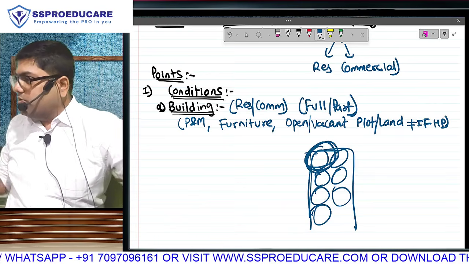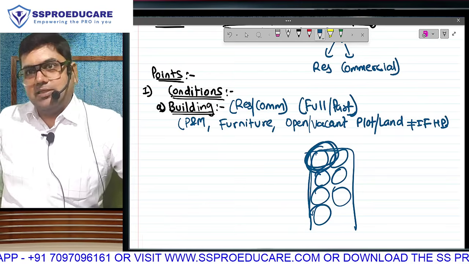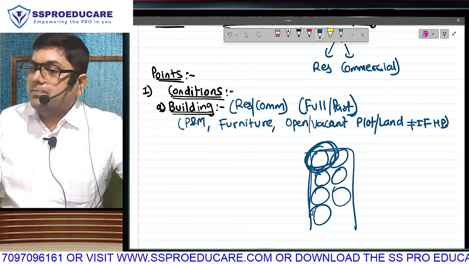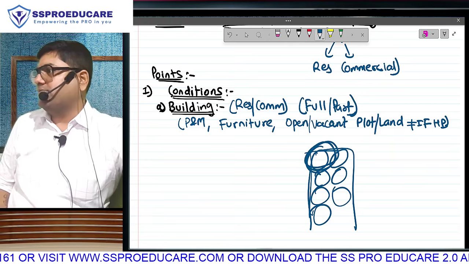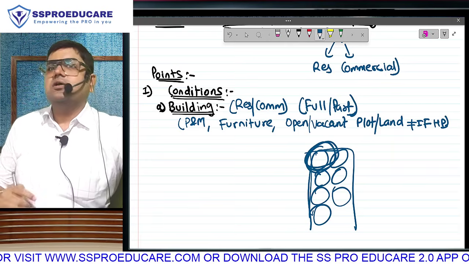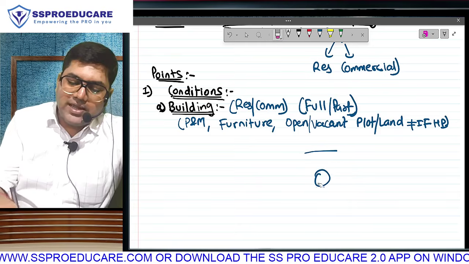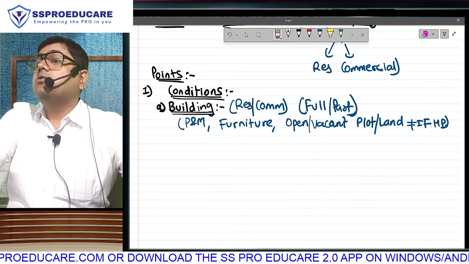So obviously you will own only one of them. You can't rent all of them. You can own the full building, the bungalow system, or you can own part of a building, that is a unit. But as long as there is a structure, only open land is not going to be covered. As long as there is a structure, the rent will come.